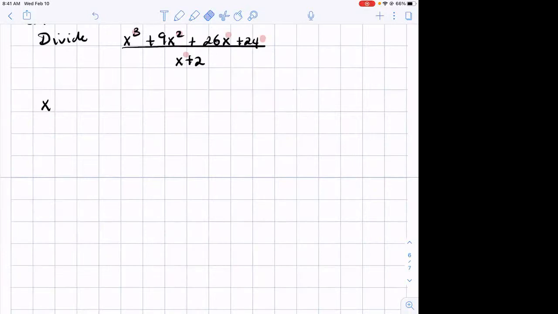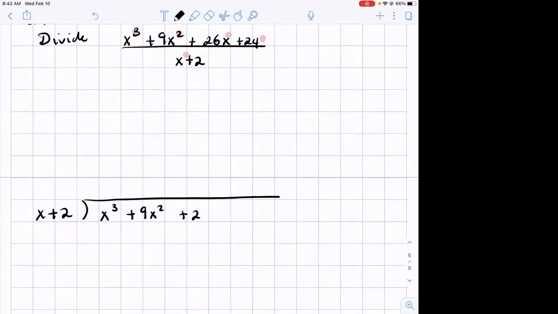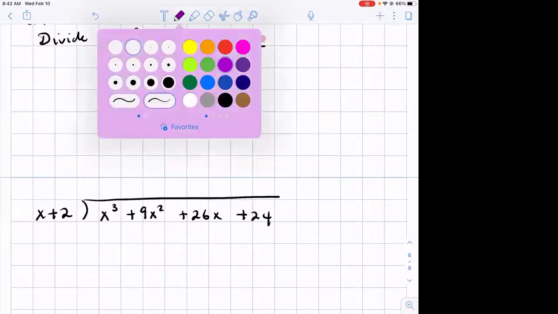Actually, let's write this on a new page. X plus 2, we have x cubed plus 9x squared plus 26x plus 24. And then we have our scrap.